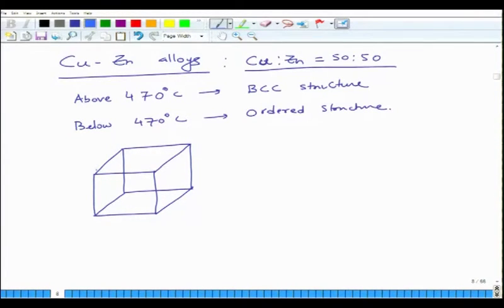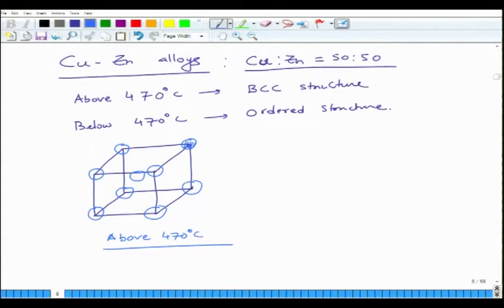So, these are your atoms. You do not know which one is copper and which one is zinc. So, there is an equal probability, so this is above 470 degree centigrade. It is possible that this atom will be copper, some other will be zinc, it is just that 50% are copper, 50% are zinc.